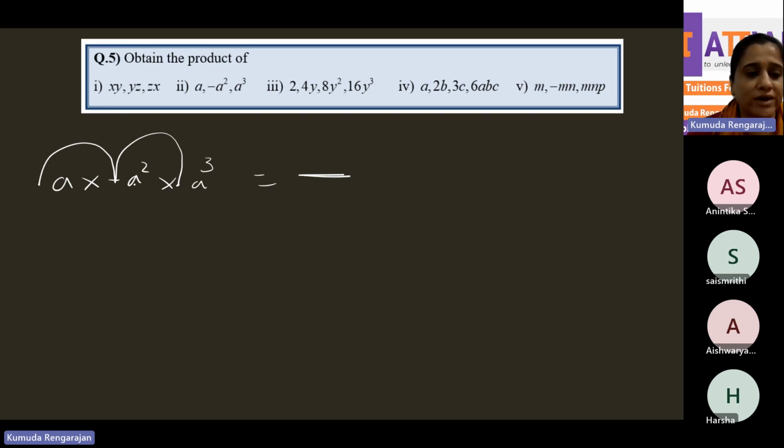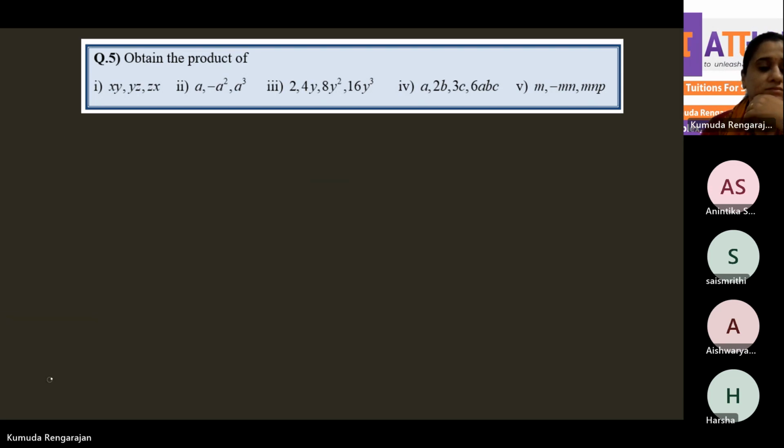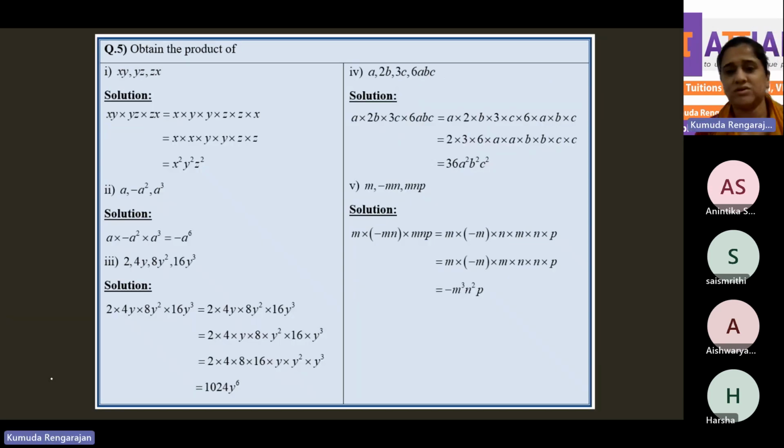Now a into a square into a cube. Bases are same. It's multiplication, so add the powers. 1 plus 2 plus 3, 6. So a to the power 6. And it's minus a to the power 6, because plus into minus, minus into plus, minus. A to the power 6. That's what is here, children.